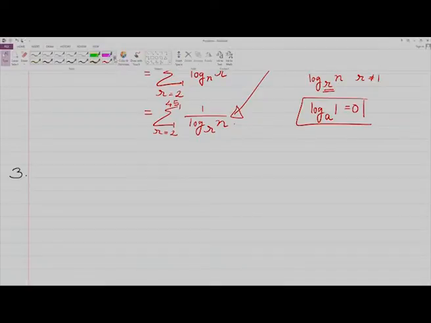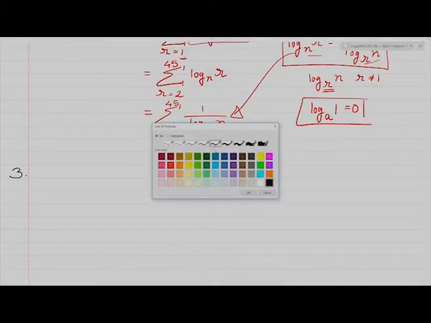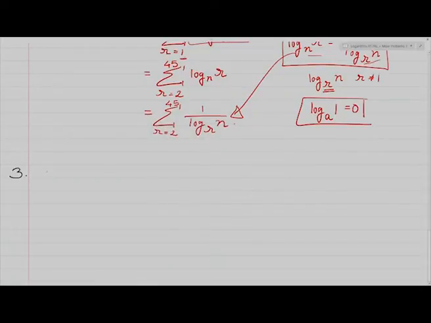Now the problem is slightly tricky. Here you have been given n raised to 4 is less than 10 raised to n for fixed positive integer n which is greater than or equal to 2.